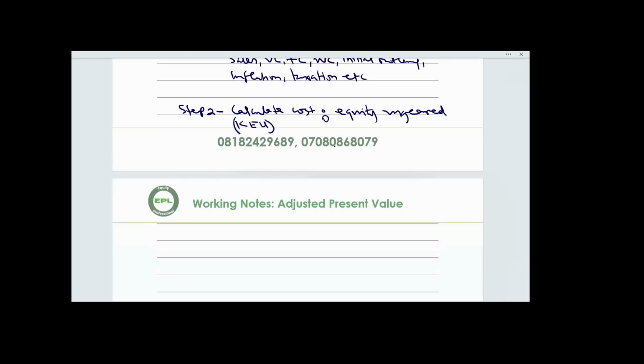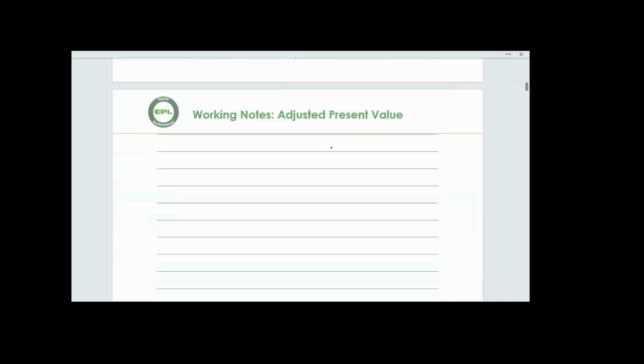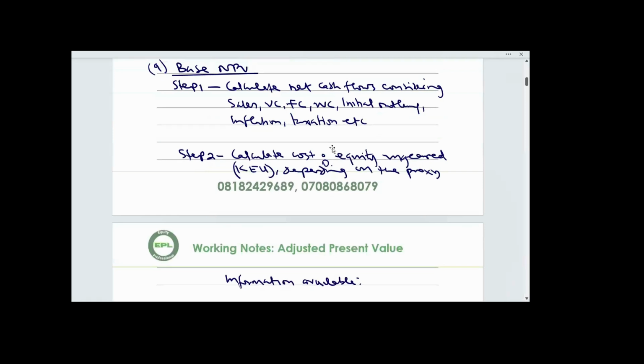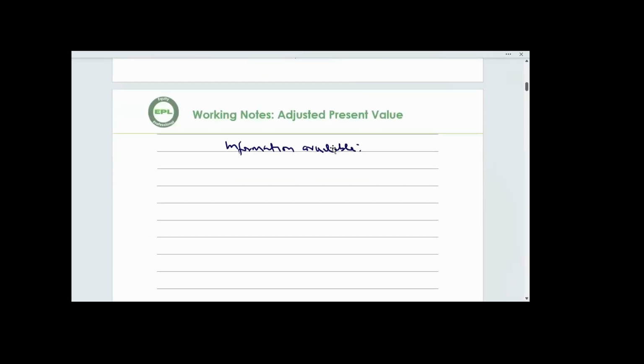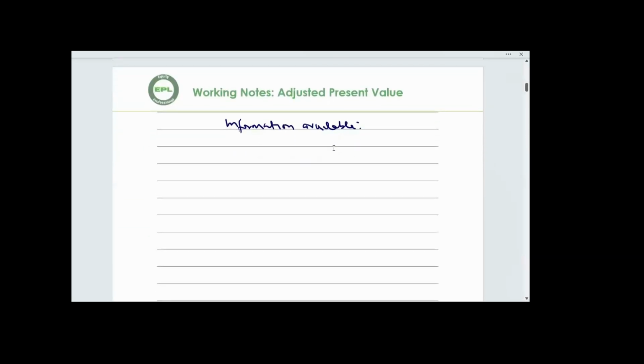Let me put it this way. Calculate cost of equity on gear depending on the proxy information available. Now, there are 3 ways you can calculate your cost of equity on gear, depending on the information of a proxy company given to you.